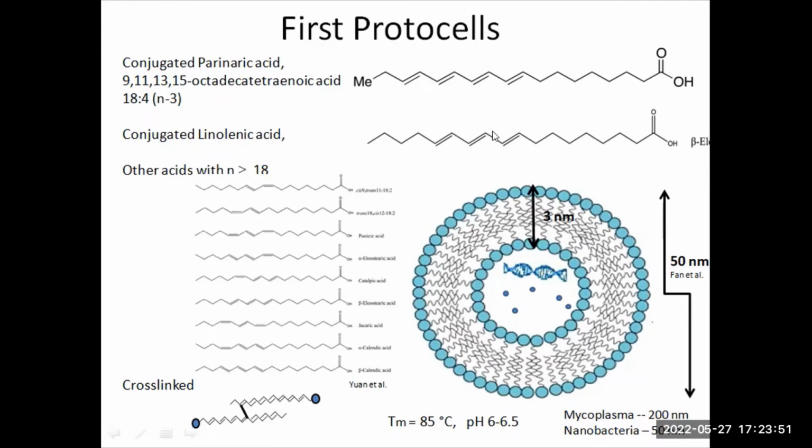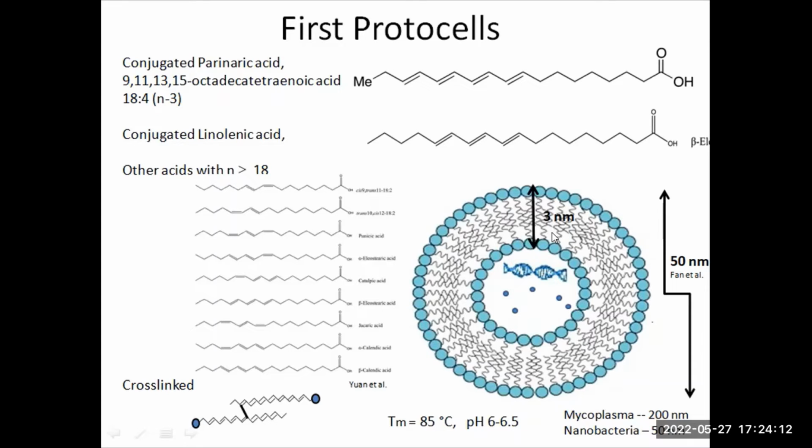So we have this cross-linking, which is going to reduce this parinaric acid to linolenic acid. They're both the same length, they just have a difference in conjugation. And we get this overlap of the 2 tails, especially around the conjugated part.